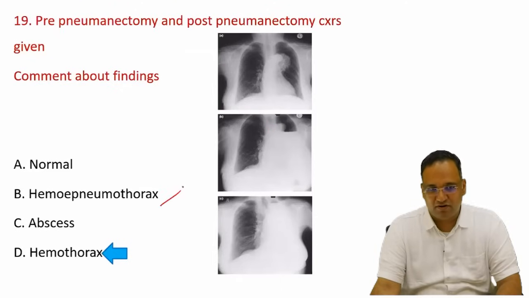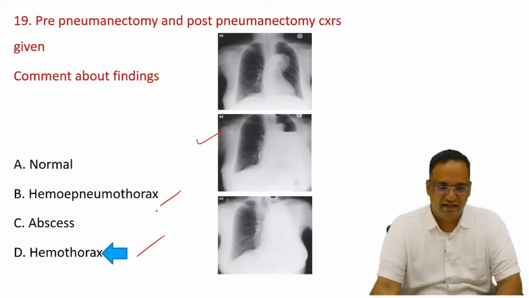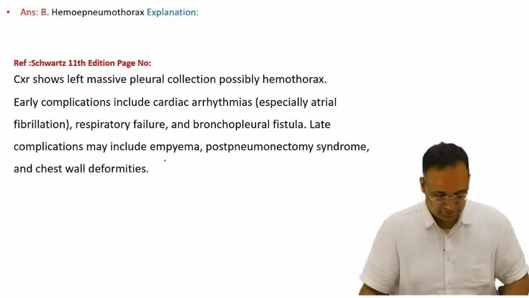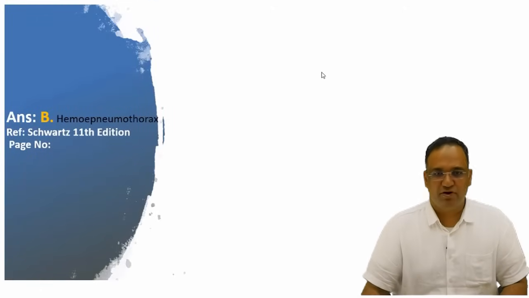So, either B or D, depending on the picture you got. If this picture is there, then it is hemopneumothorax. Here there is little air, but predominantly hemothorax. Depending on that, you answer hemopneumothorax or hemothorax if air and fluid are there. Okay, the answer is hemopneumothorax.